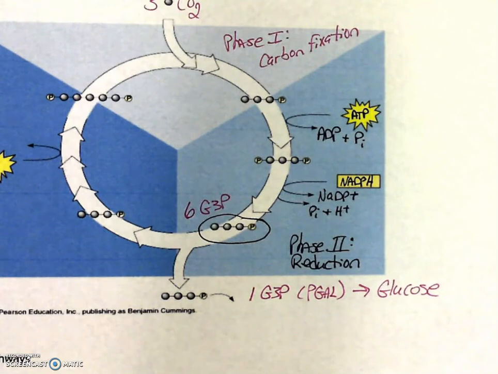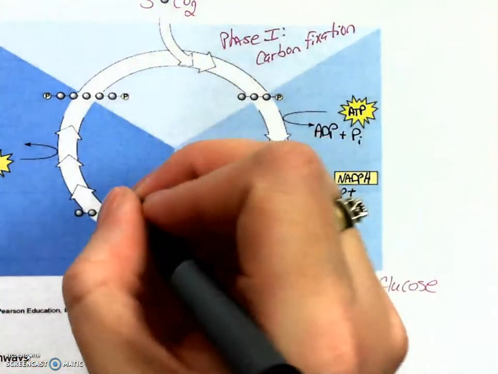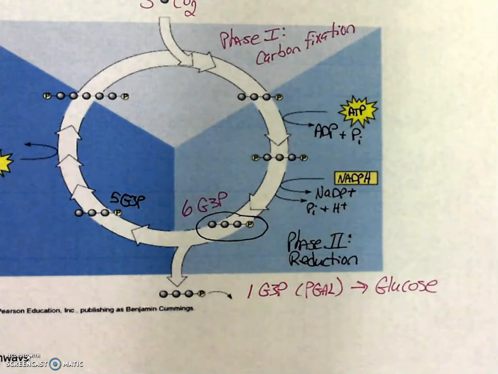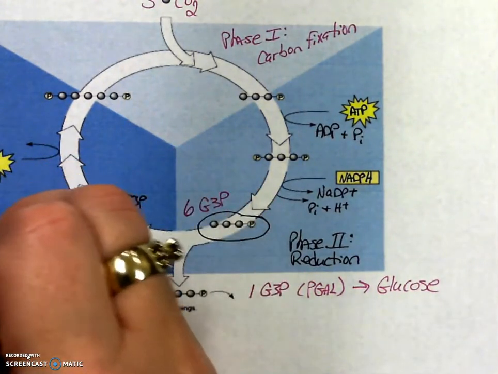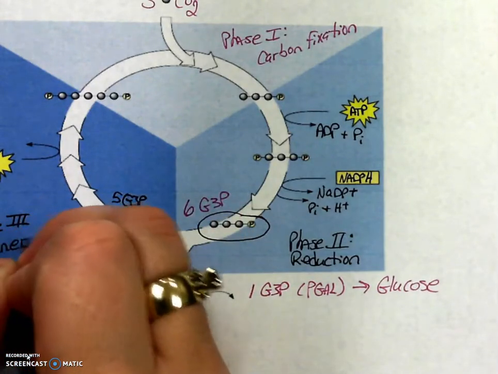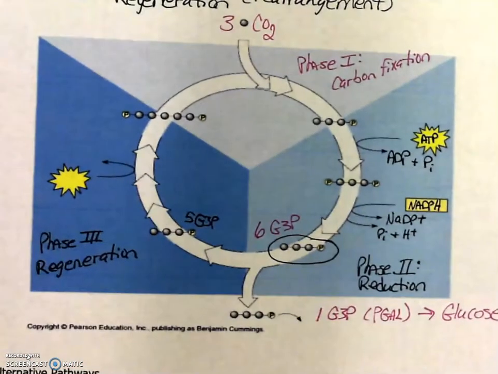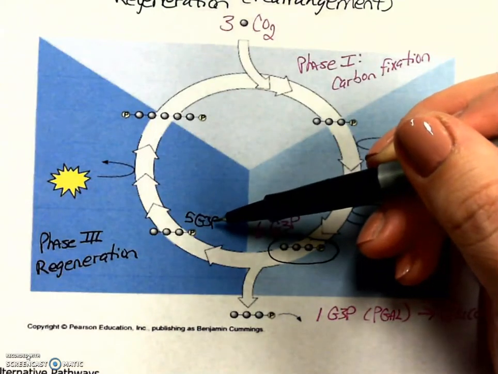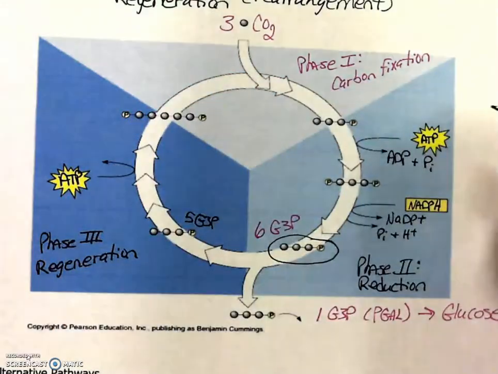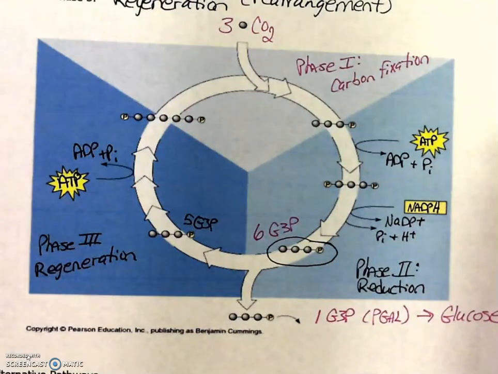The other 5 of these continue on. So this right here would be 5 G3Ps, which are left. They're going to continue over to phase 3, which is regeneration or rearrangement. So we take these G3P molecules with more ATP, more energy is needed. So energy from ATP breaks back down to ADP plus a free-floating phosphate.